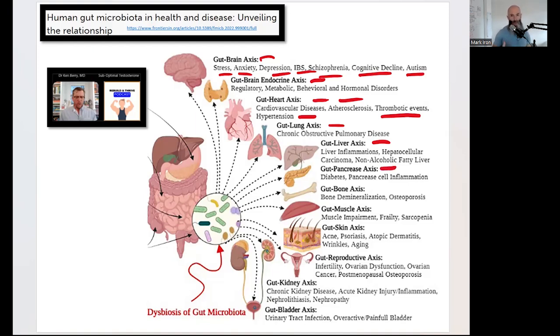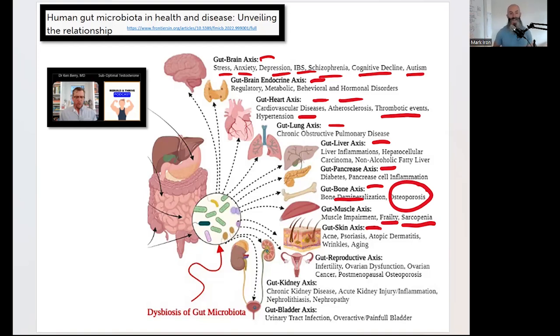The pancreas: type 1, type 2 diabetes, insulin resistance. The bones can demineralize, osteoporosis. The muscles, so a lot of dudes are at the gym pushing the weights and they can't pack on the muscle because maybe they've got a sick gut. However, as you age, like 50 and 60, sarcopenia sets in and you get frail and you're around these old walking things you see people walking around with.